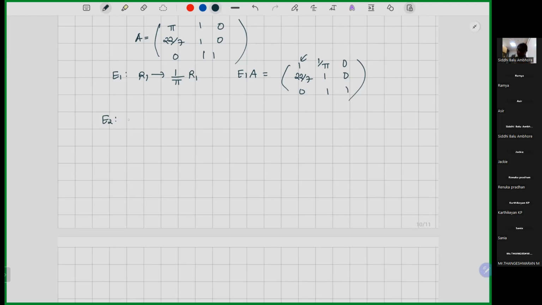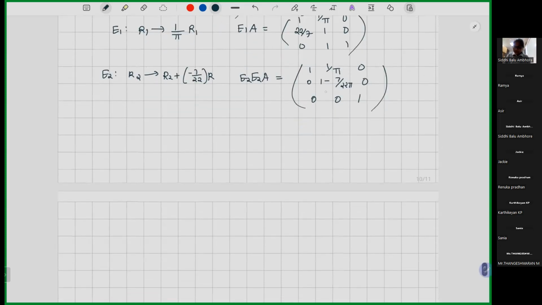So that's what I will do. I will do R2 going to, when I say R2 going to, I am replacing R2 by R2 plus minus 7 by 22 R1. So this is now the matrix E2 E1A, which is 1 by pi 0, 0, 1 minus this 27 by 22 pi, 0 and 0, 0, 1.